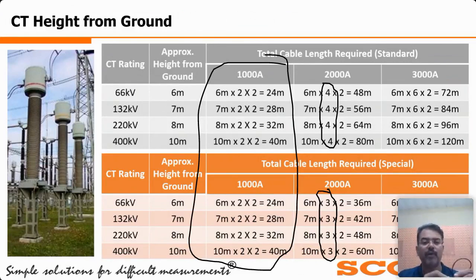Even within 4 inches you can bend it. That is the flexibility we could achieve with the special cables. So this is regarding the question you asked about the special cable and the standard cable.